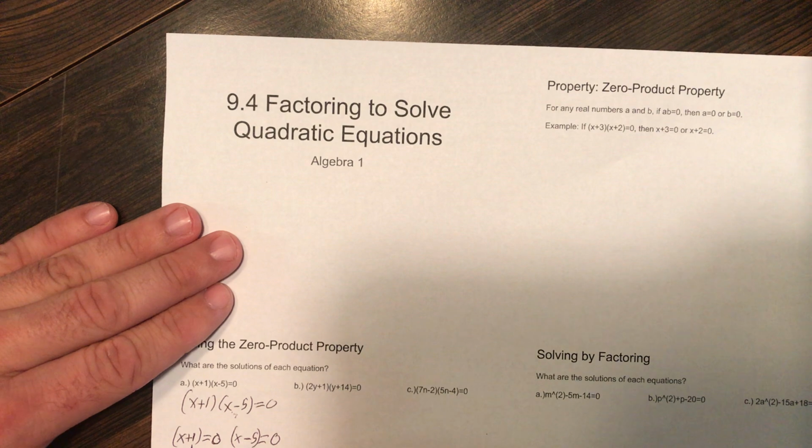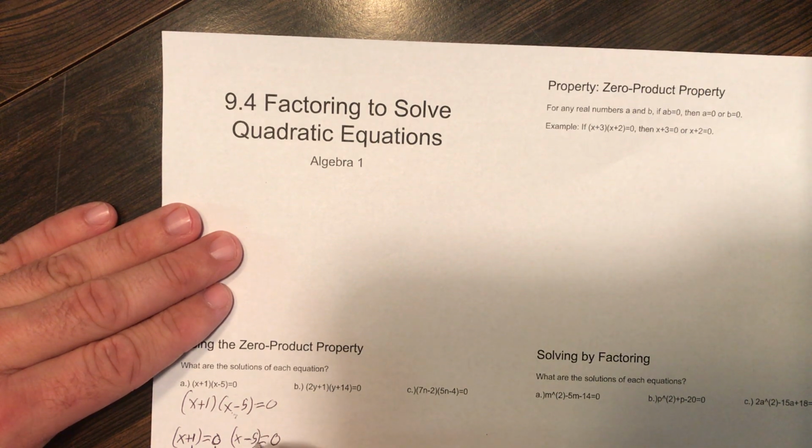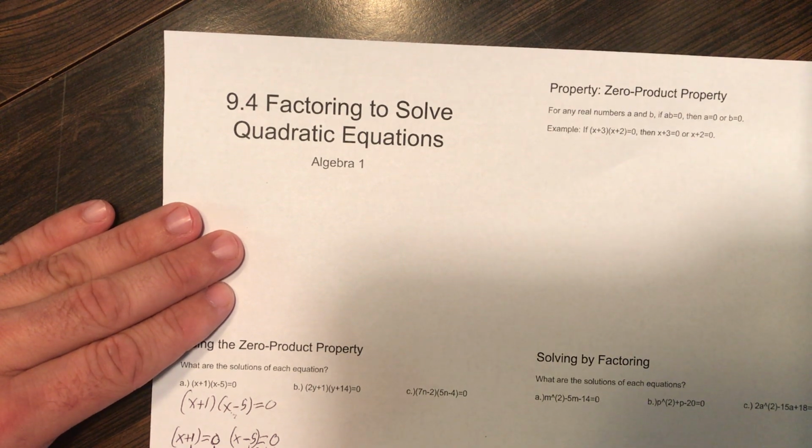In this case, minus 1, x can equal negative 1. Okay, that's one of our answers. And x can also, if you add 5 to both sides, equal 5. So your solutions: x can equal negative 1 and 5. That is all you do today.